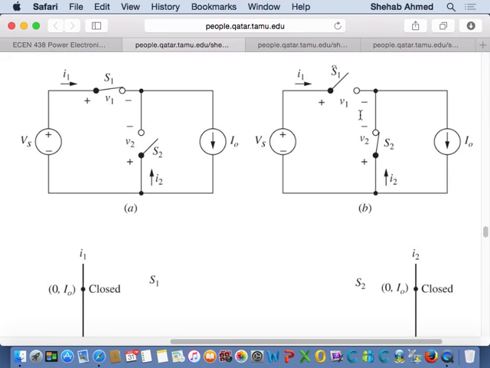Exactly, it's equal to Vs because this is a short circuit now. This node is exactly this node, and this node here is exactly this node. So V1 is equal to Vs when the switch is off. So it's blocking positive voltage, right? And when the switch is on, it's conducting forward current, right?